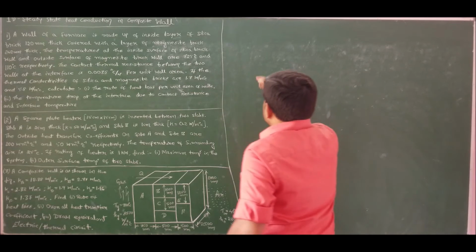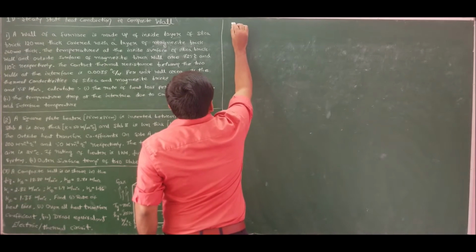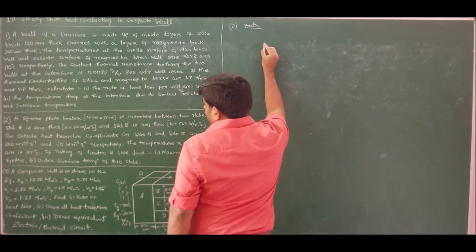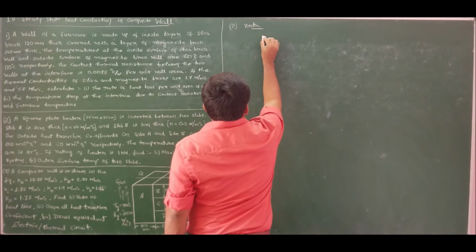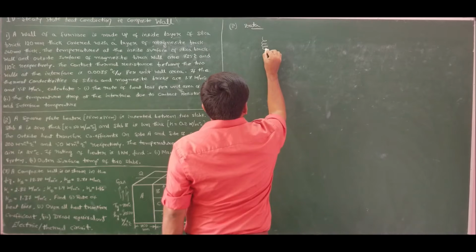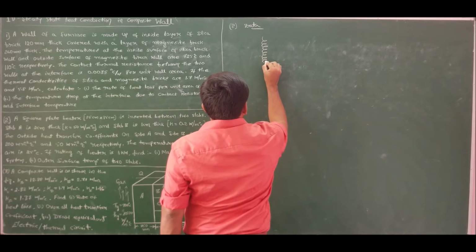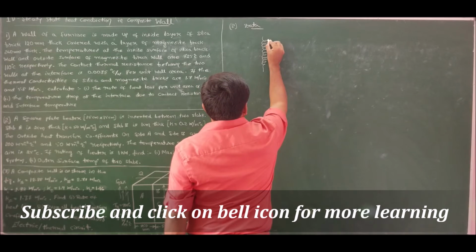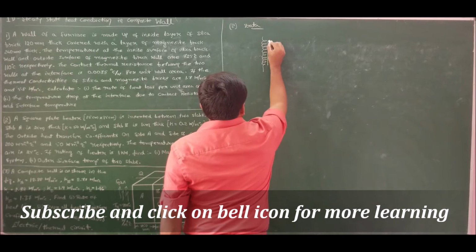Now, if I list out the data given and draw an outline sketch to understand the problem, we have a square plate heater, which is inserted between two slabs.